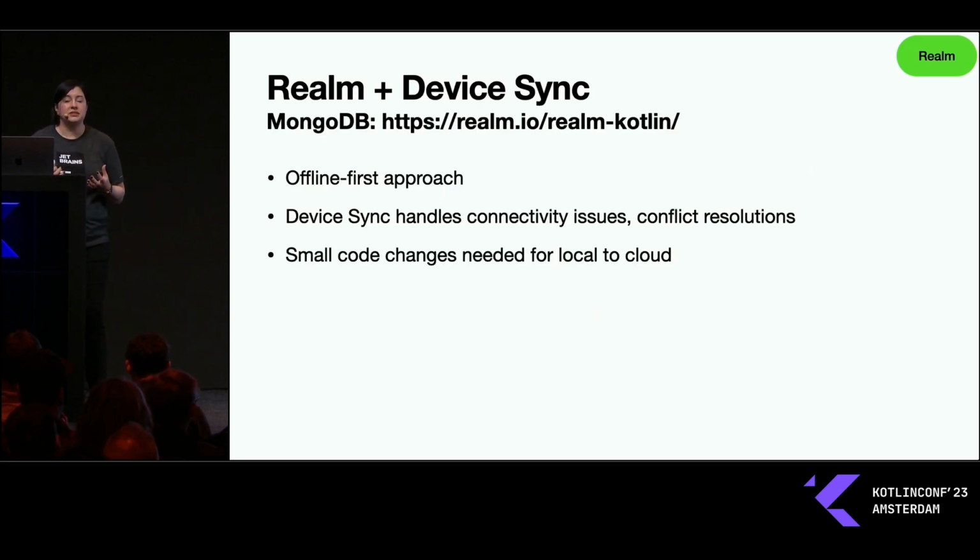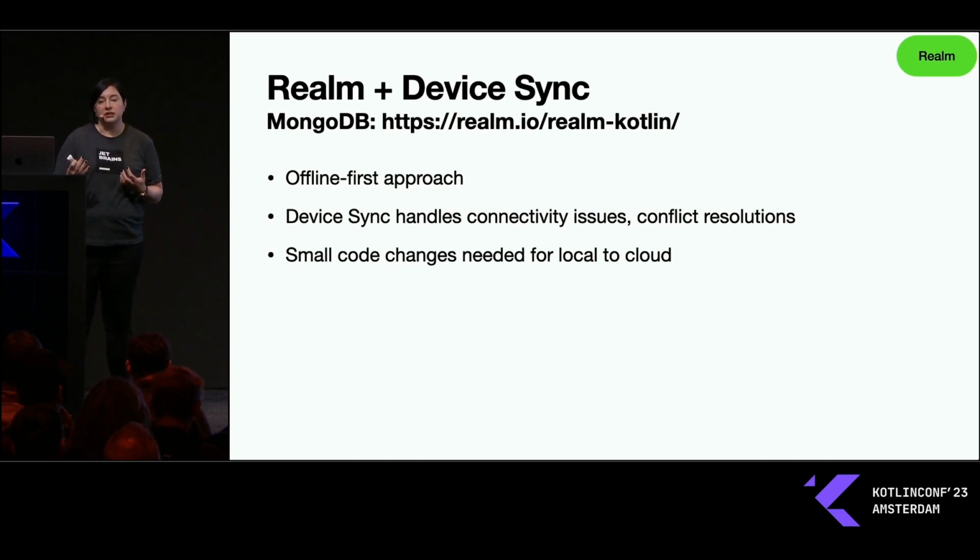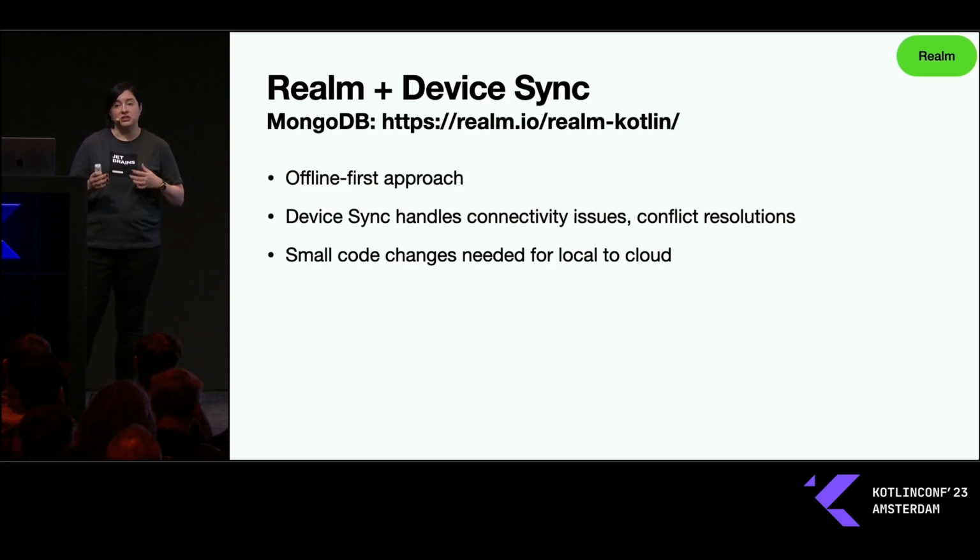So Realm has this offline-first approach. So when you are offline, you can use the app as best you can without networking, but when your connectivity is restored, everything is synced in the background for you. It also has automatic conflict resolution, which will help you to best resolve the conflicts in a multi-device context.